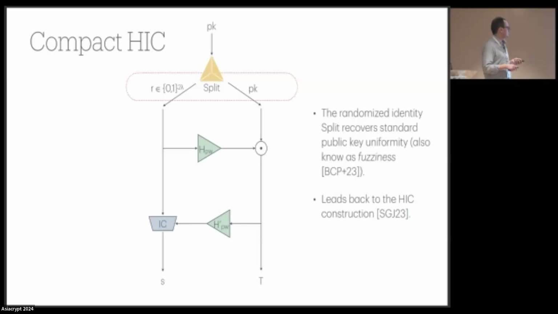And the notion of uniformity, so this one is obviously uniform, is essentially the standard notion of uniformity of public keys that we have for Kyber, which is also known as fuzziness.